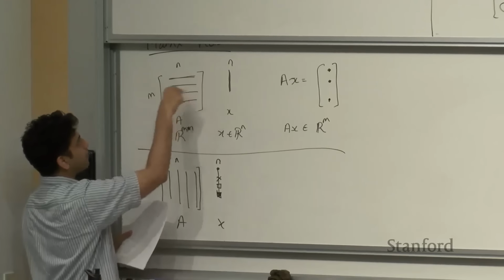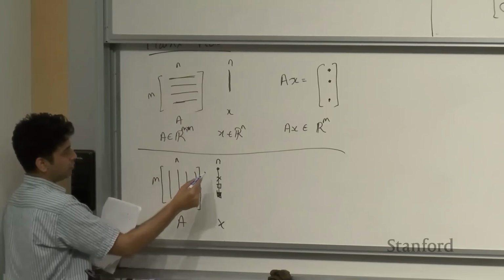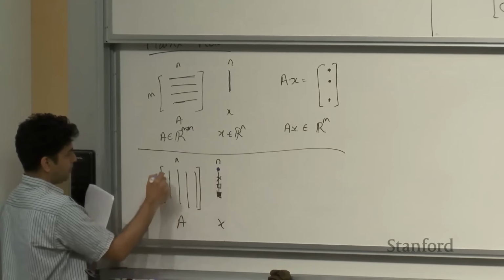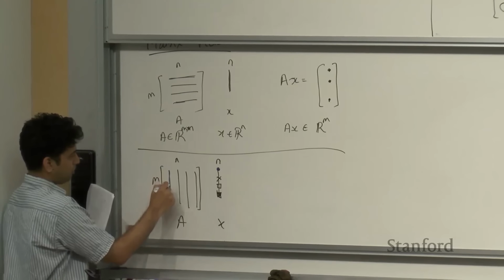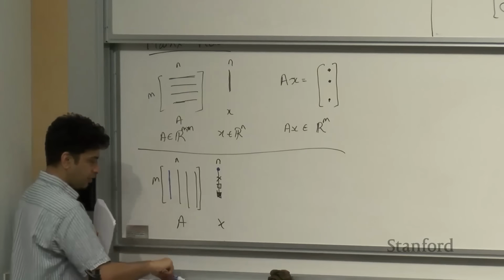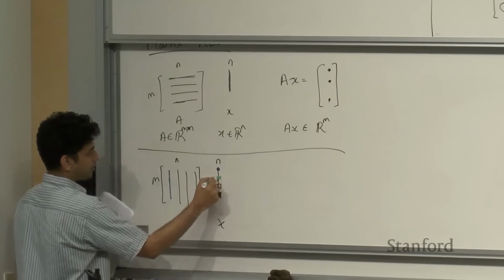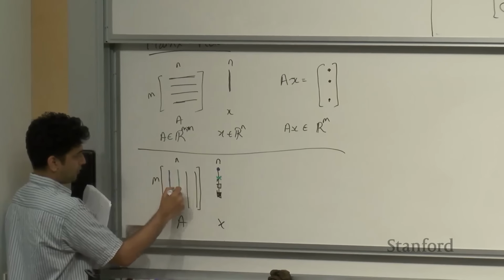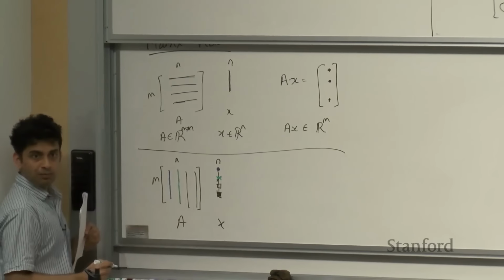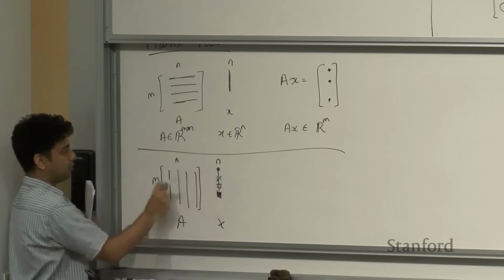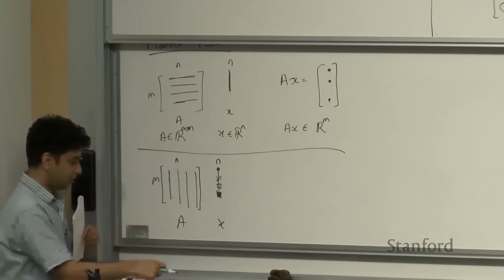So here we did inner products, right? Here what we're going to do is pick the first element of X, and scale the first column of A. And then pick the second element of X, and scale the second column of A by that number. By scaling, I mean do an element-wise multiplication of this number with all the elements here. Just rescale it.